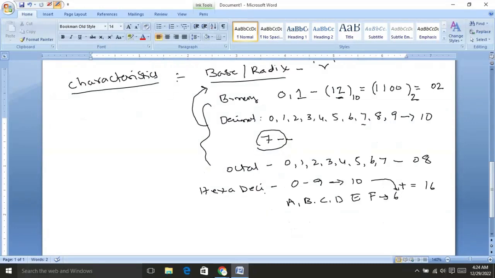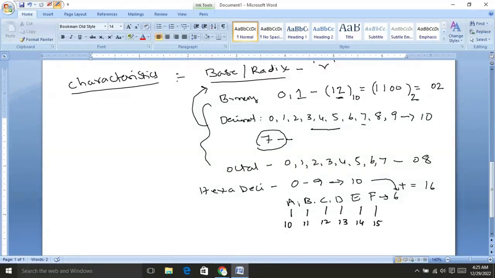We are well versed in the decimal number system because from childhood onwards we have been using it, as well as somewhat octal and binary numbers, because we know their symbols. But coming to hexadecimal, A represents 10, B represents 11, C represents 12, D represents 13, E represents 14, and F represents 15.